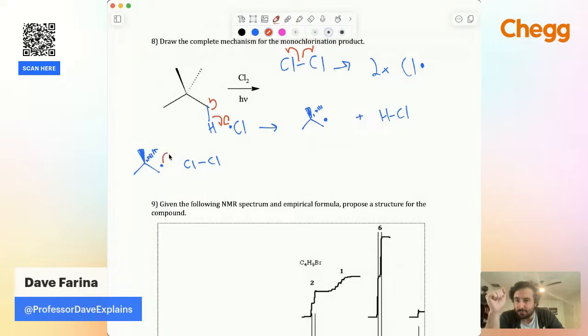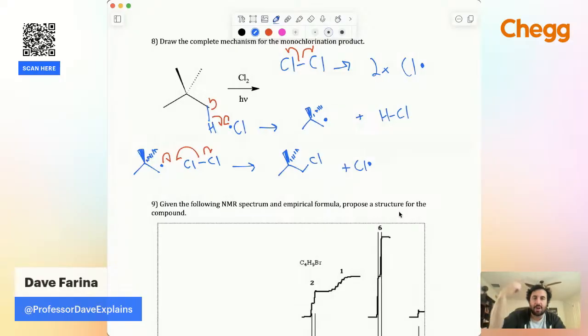So let's do that. We're going to propagate another chlorine radical. So there's another chlorine radical. That chlorine radical can then facilitate another reaction, generating another chlorine radical, facilitating another one, etc.